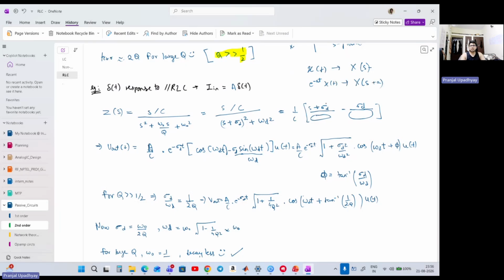So here also we can understand that this entire term is the Laplace transform of e^(-sigma d t) cos(omega d t), right? That is what we obtain by taking its inverse Laplace transform.